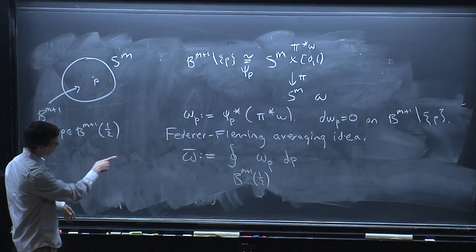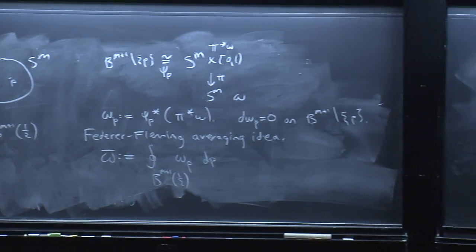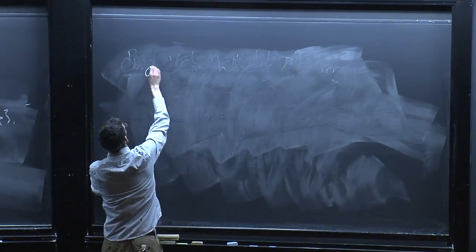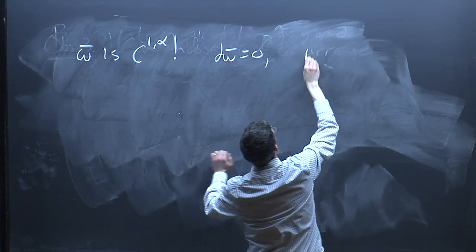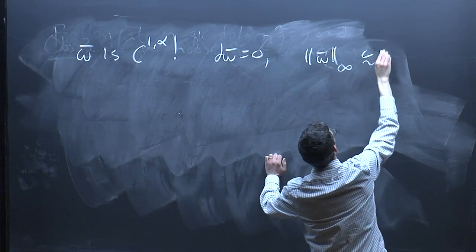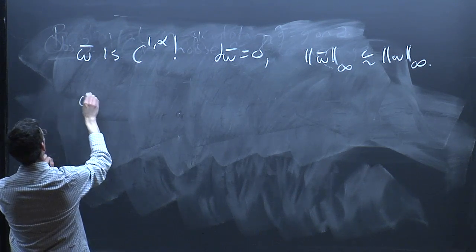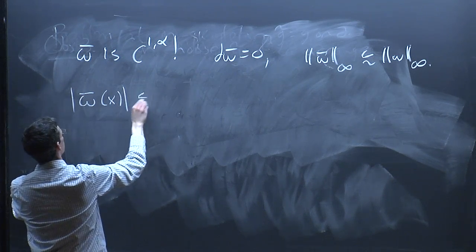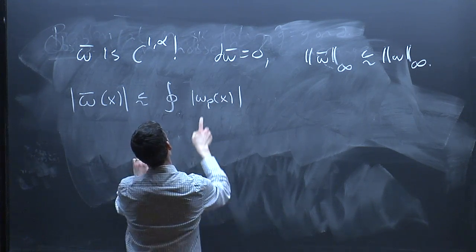So let me just quickly indicate why this thing is at least bounded. So omega bar is C^(1,alpha), d omega bar is 0, and the L infinity norm of omega bar is not too much bigger than the L infinity norm of omega. So the idea is, if I take omega bar at a point x, it's bounded by the average of omega p at x. And omega p of x blows up only when x is close to p.